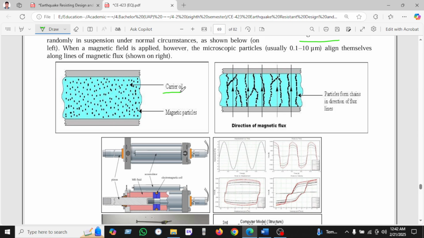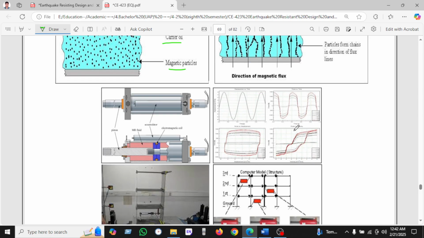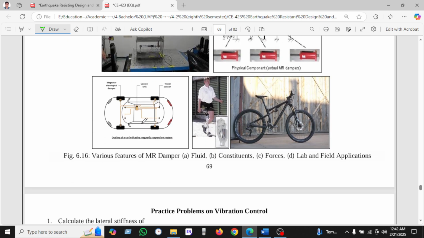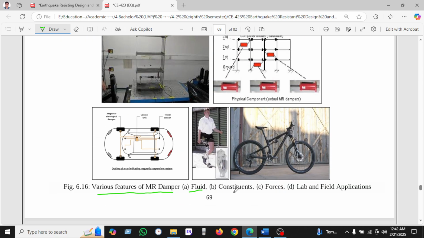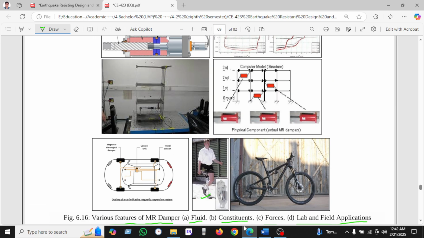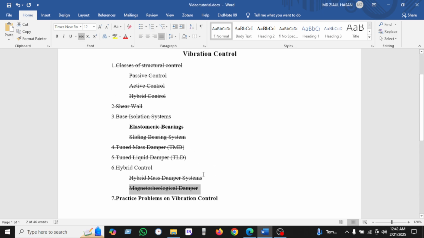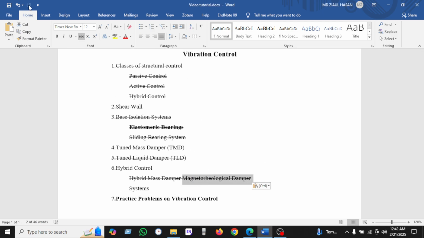We can see here the coil and magnetic particles. In the picture we see the various features of the MR damper: one is fluid, another is constituent, another is force, and the last one is lab and field application. These are the magnetic field. So in this way I have completed all the theory.